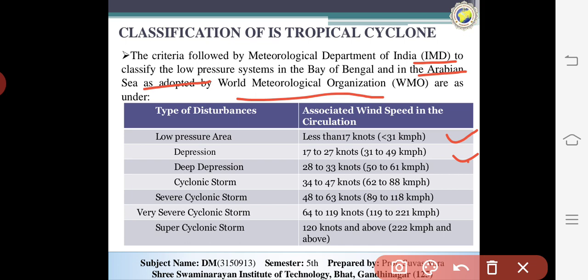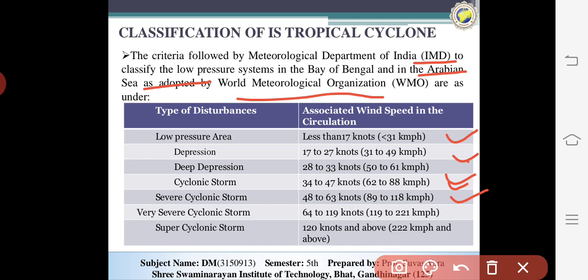Then after that, deep depression, which is 28 to 33 knots. Then cyclonic storm is 34 to 47 knots. Then severe cyclonic storm is 48 to 63 knots.